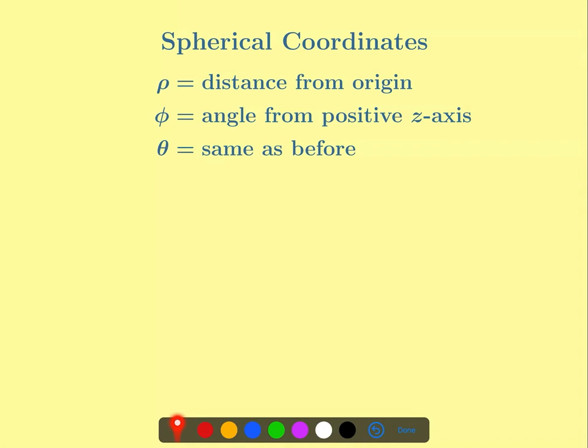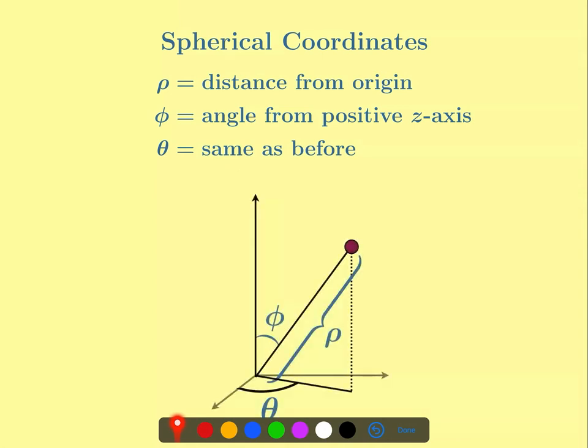So let me show you a picture. So rho again is the distance from the origin. So if this is our point, this will be rho, whatever this distance is. Phi is the angle from the positive z-axis. And theta, like usual, is this angle.